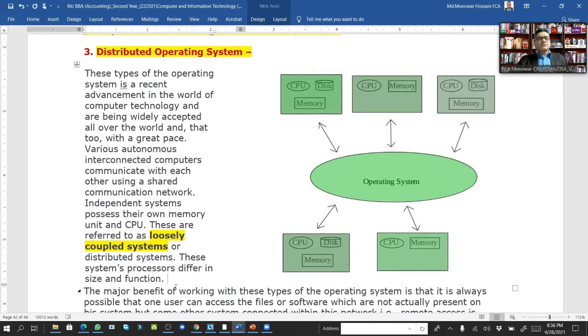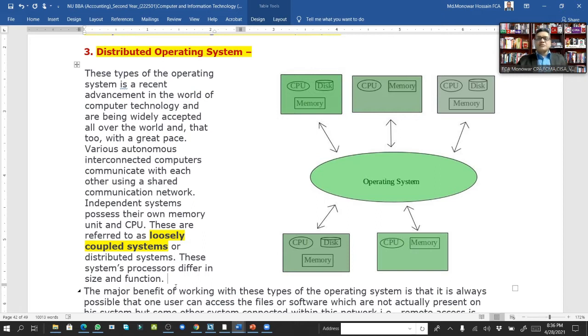Various autonomous, interconnected computers communicate with each other using a shared communication network. Independent systems possess their own memory unit and CPU. These are referred to as loosely coupled systems or distributed systems.